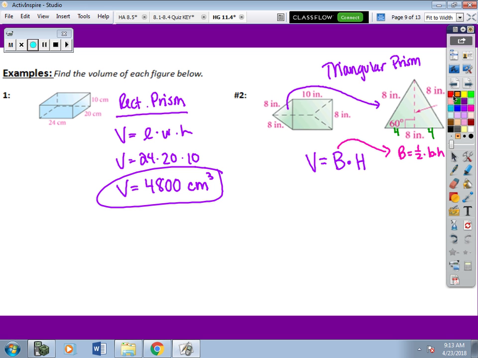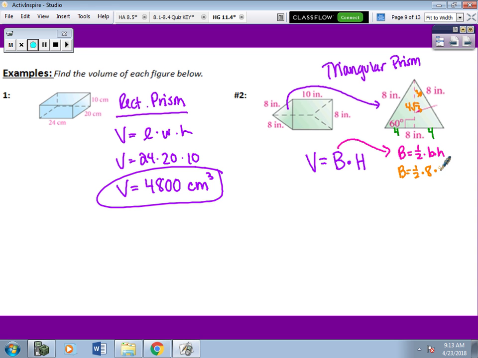Across from the 30 is S, across from the 60 is S√3. So the whole base is 8, and the height is 4√3. So half of 8 is 4, 4 times 4√3 is 16√3. So big B is 16√3 square inches.